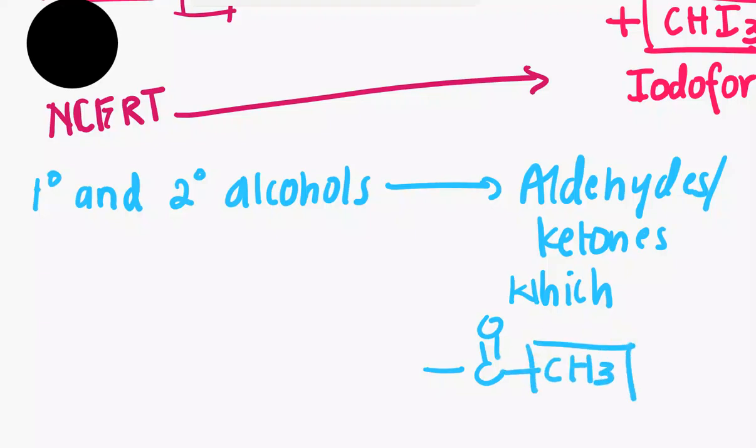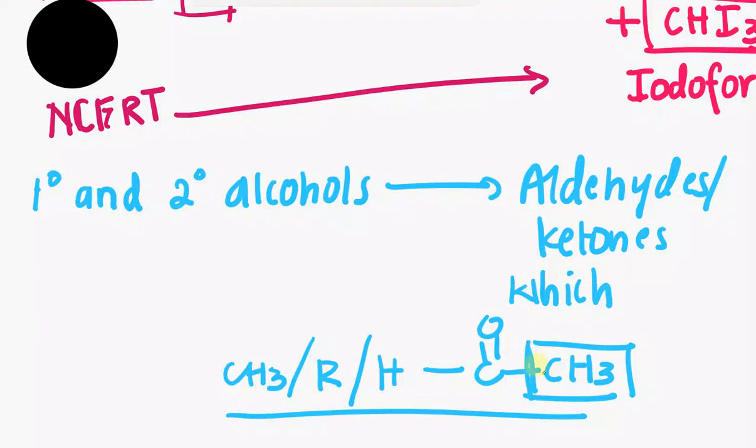So the one CH3 unit must always be present. This can be H or R or anything, or even CH3. It doesn't matter, but one methyl unit must be there.